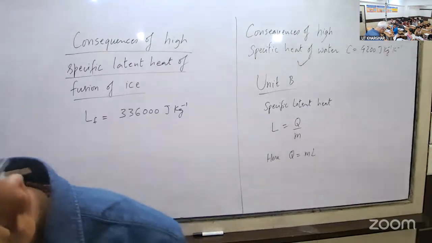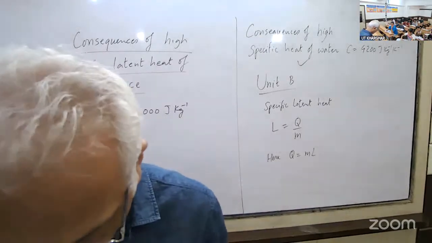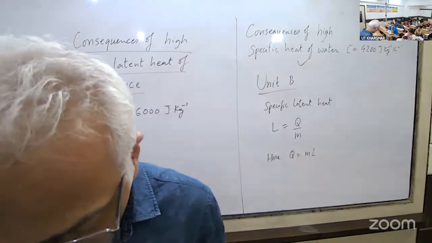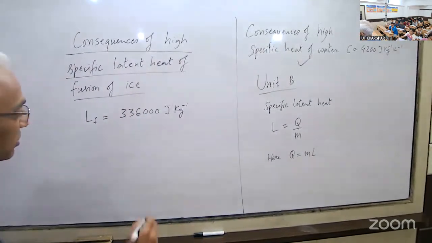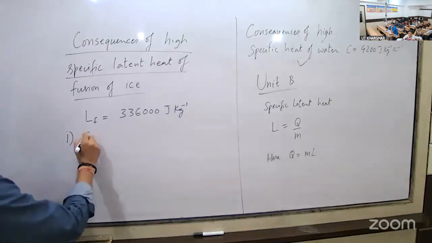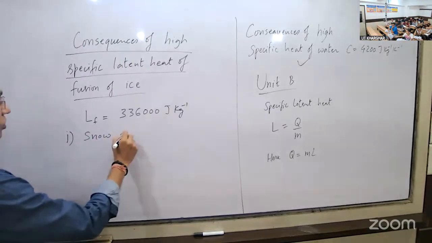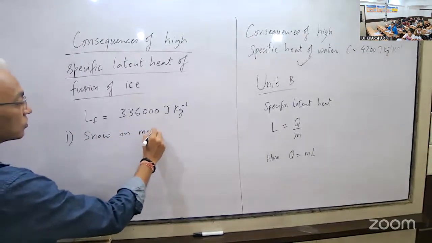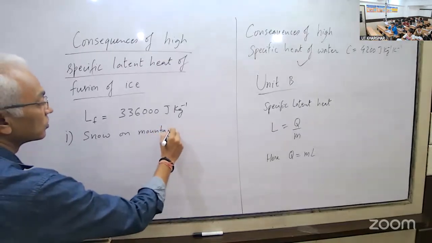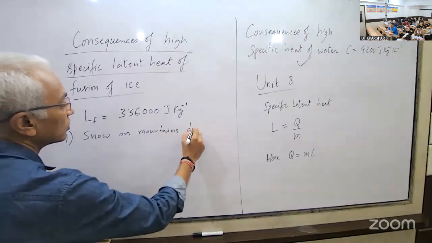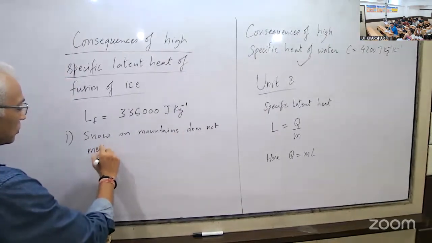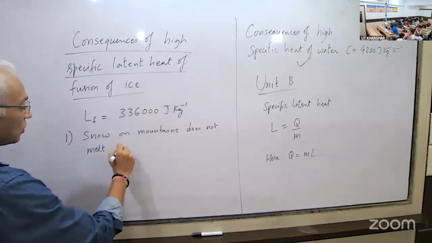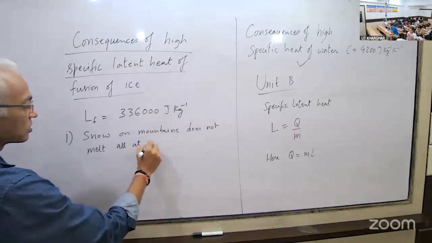Okay. So having known this, the first point is snow on mountains does not melt all at once.